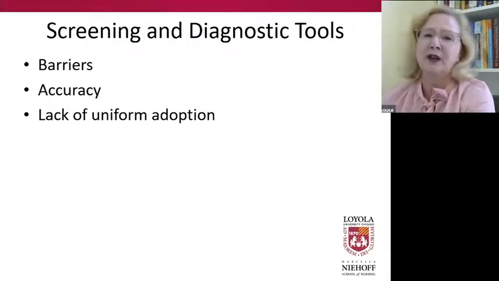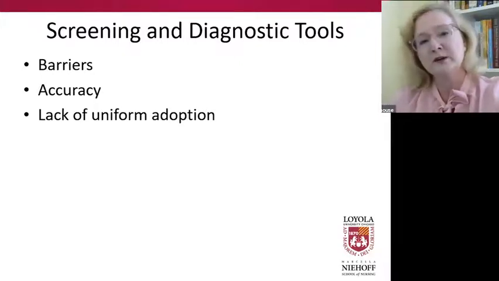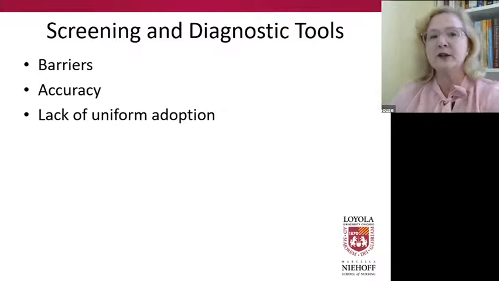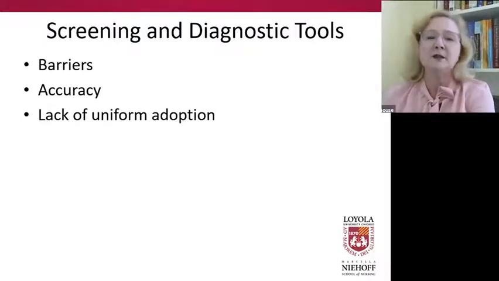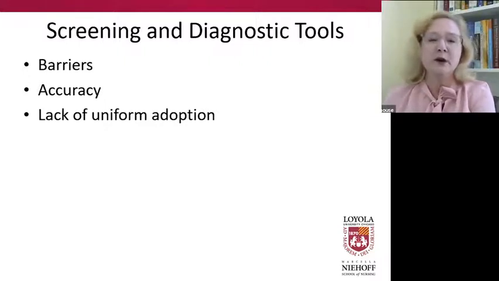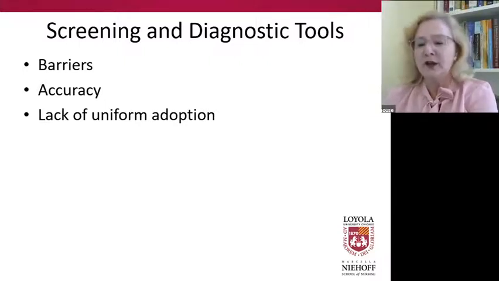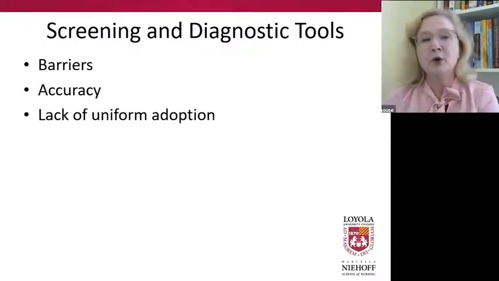There are screening and diagnostic tools that exist, but there are barriers to their use. Some of my prior research has looked at critical care nurses' barriers and attitudes to screening patients for confusion or for delirium. Some of these barriers include ageism and lack of time. Many times there are no protocols in place.